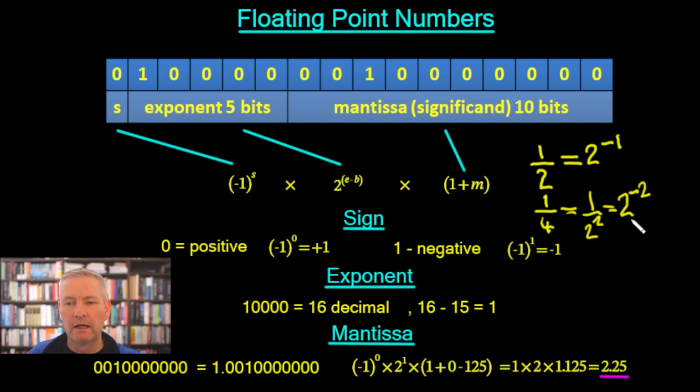So you can see here, in order to get the numbers between 0 and 1 and have good precision within that range, we're going to have negative exponents. For example, minus 1, minus 2, minus 3, 4, 5, 6, and so on. So we have to represent not just positive exponents, but negative exponents, and we do that by using the bias.